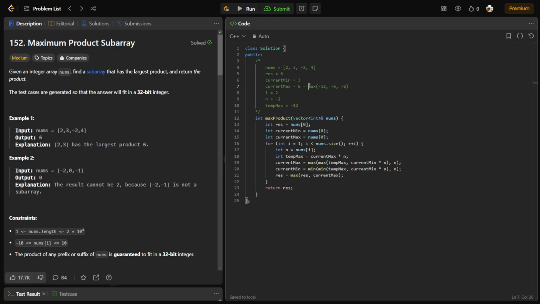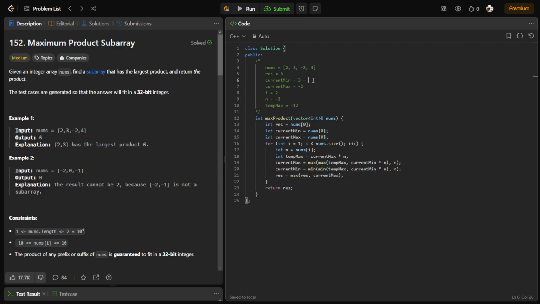From here we know the maximum number, having included this subarray, is actually just -2 only. So that's what happens when we multiply -2 with this subarray. So the current max is -2, and here I'm calculating current min again.